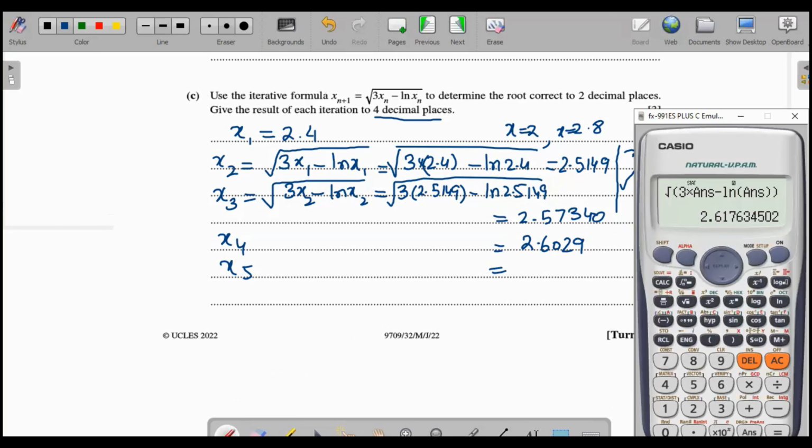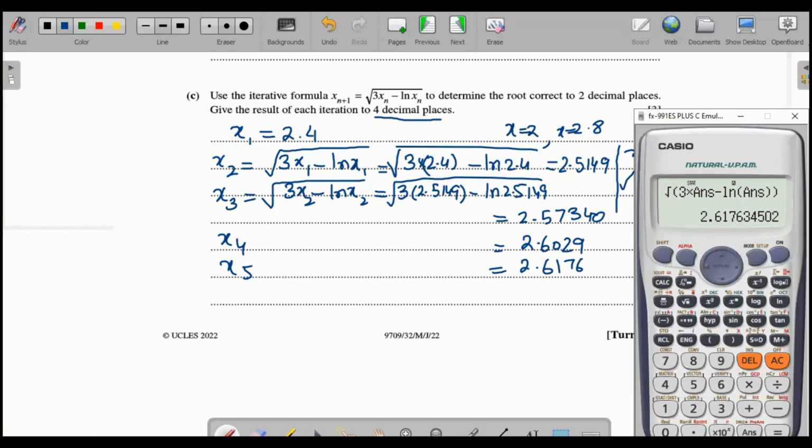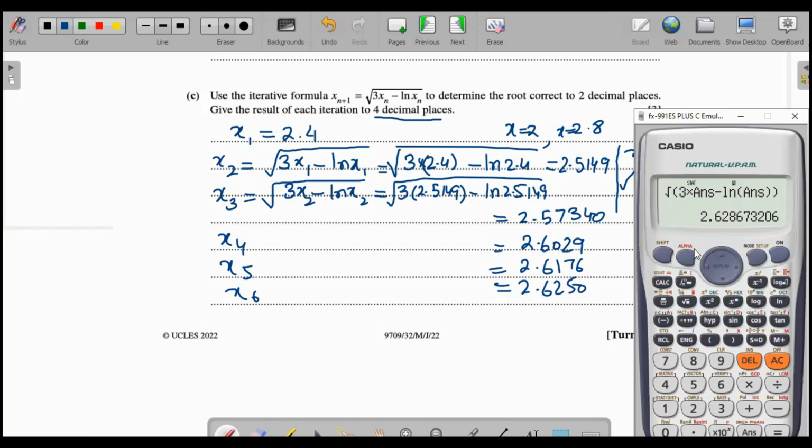2.6176. And the next value, we press the equal sign, we get 2.6250. Then 2.6286.